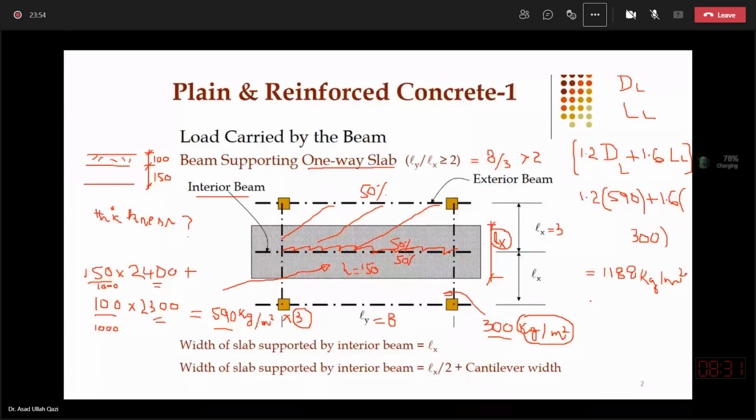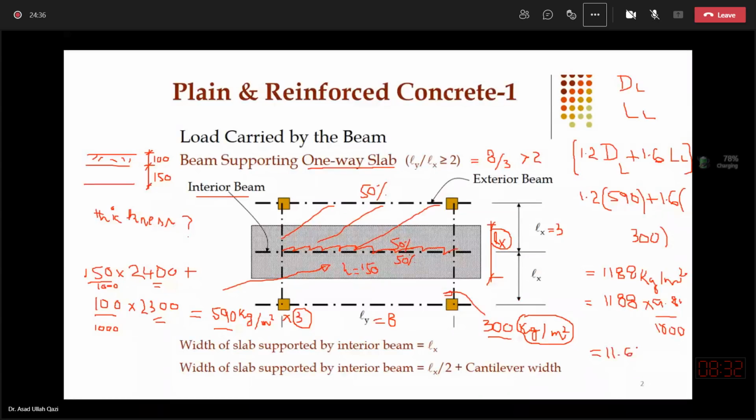So I can convert this kg into kilonewton by multiplying 1188 with 9.81 to convert it into Newton, and then dividing it by 1000 to convert Newton into kilonewton. So it then comes out to be around 11 point, how much? 11.65. 11.65 kilonewton per meter square.